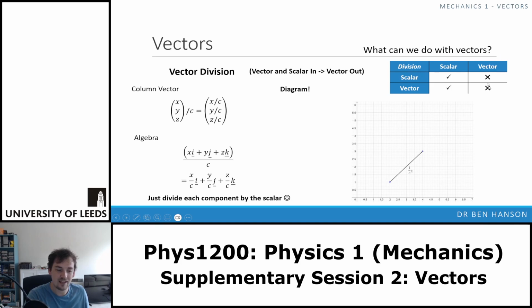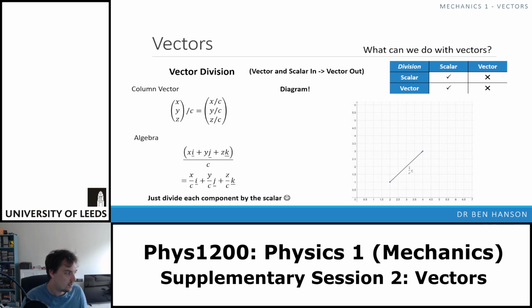Vector divided by a vector, you might think, okay, the cross product gives us a vector from a vector times a vector, so can we use the inverse of the cross product to divide a vector by a vector? Not really. It doesn't work like that. You can't just chop up a vector and see how many parts are in it, which is what scalar division is.